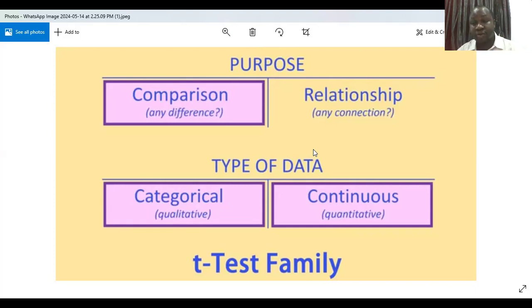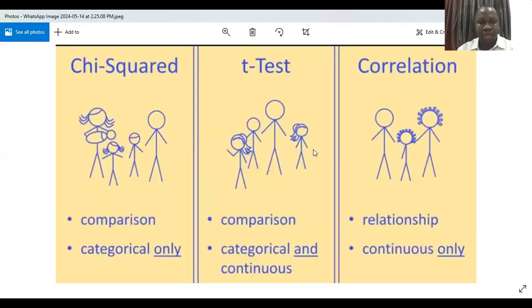Now look at this: chi-square, t-test, correlation. Chi-square is comparison, categorical only for the two data sets. T-test is comparison, categorical and continuous. Correlation is continuous only, relationship. Do we get it now? Good.